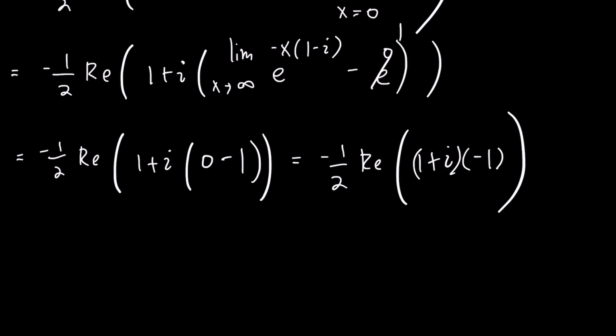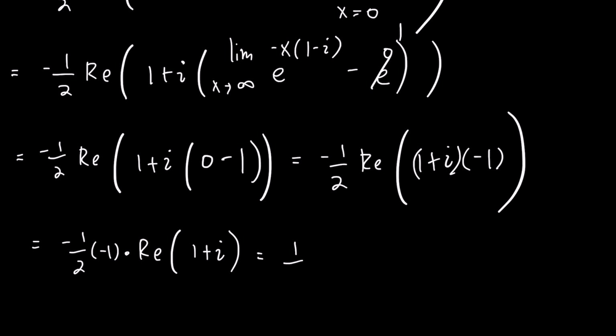And we have negative 1/2 times negative 1 times the real part of 1 plus i. I just factor out the negative, and a negative times a negative will make a positive.